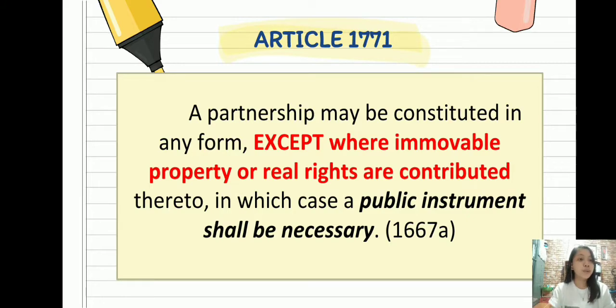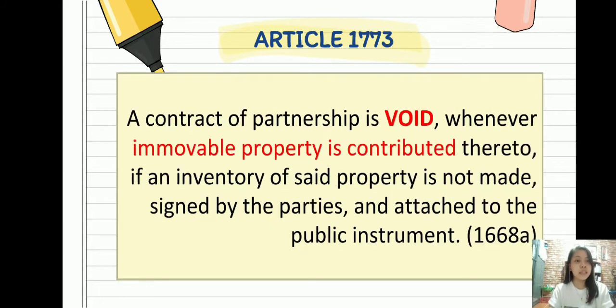Dito na papasok yung Article 1773, wherein ang sasabi dito na a contract of partnership is void whenever immovable property is contributed thereto, if an inventory of said property is not made, signed by the parties, and attached to the public instrument.